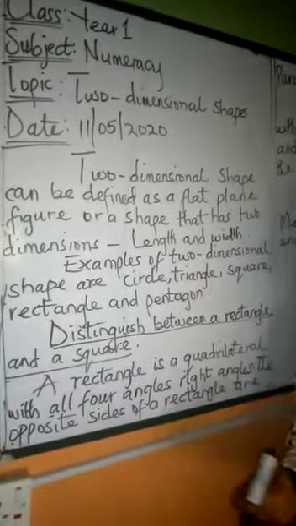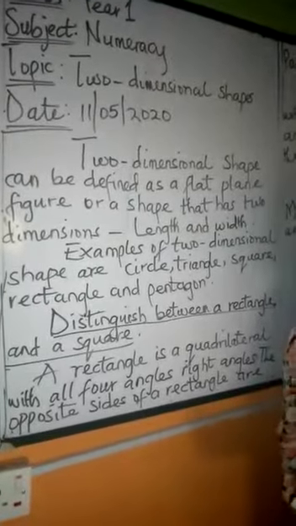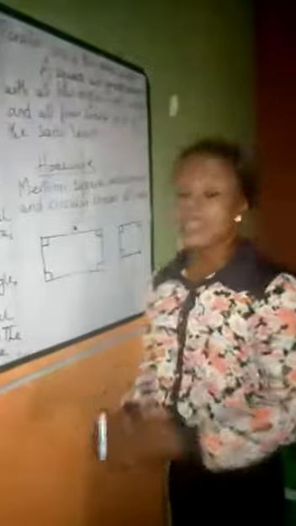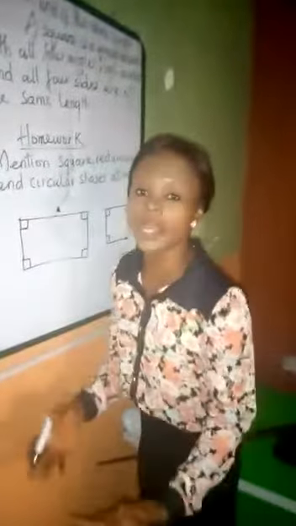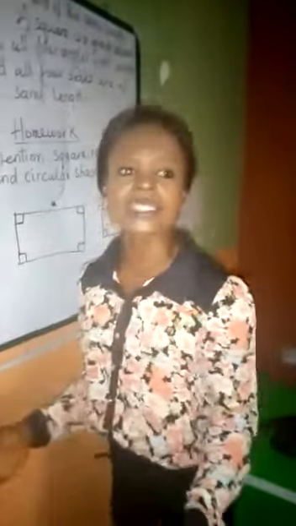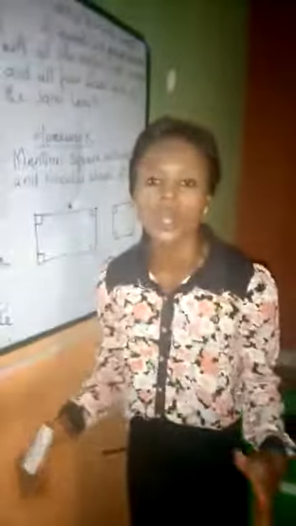That's all right. You can differentiate between a rectangle and a square. Both are quadrilaterals. Both shapes are quadrilaterals with all angles right angles. That's okay.